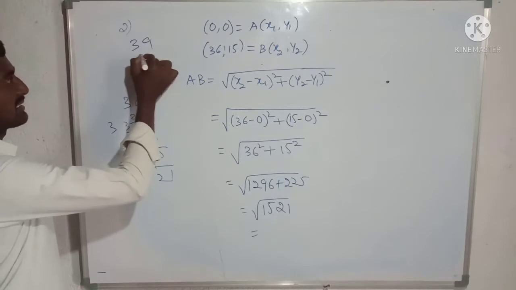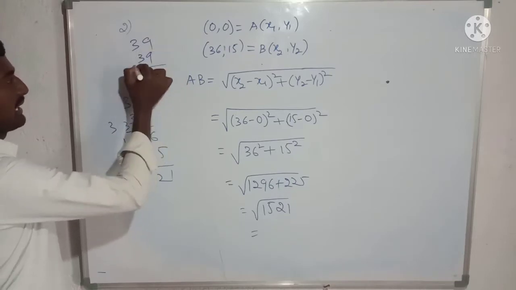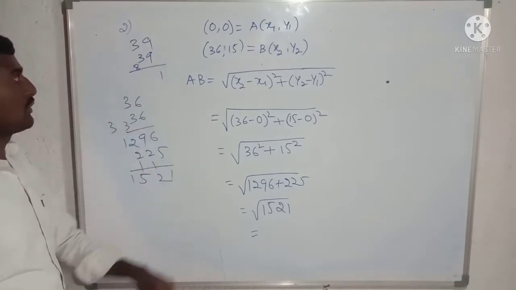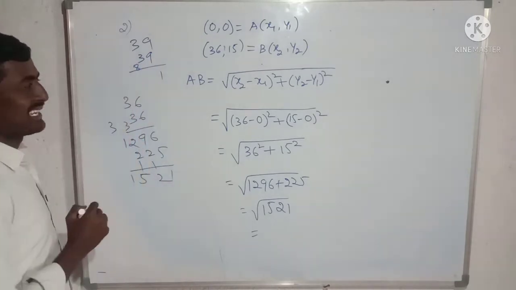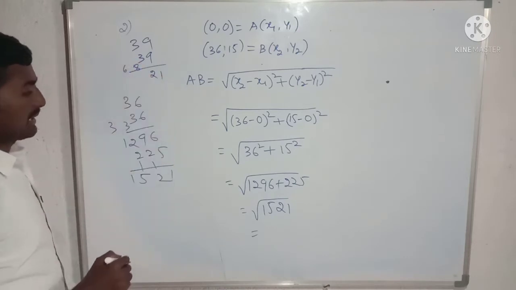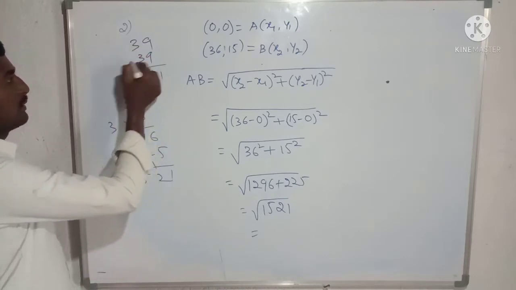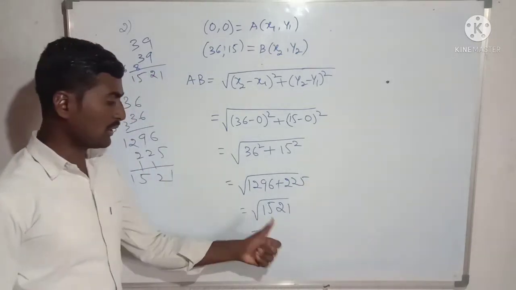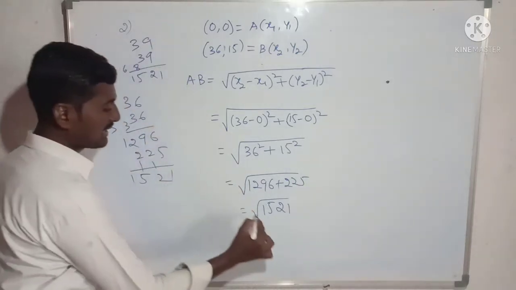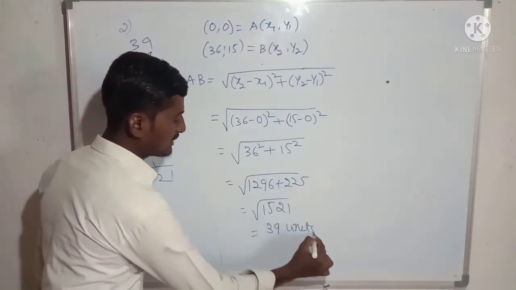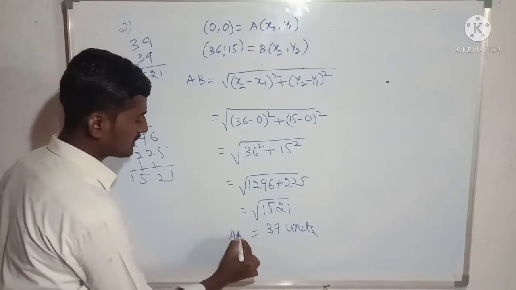Let us check it. 9 nines are 81. 9 threes are 27 plus 27, 54, 54 plus 8, 62, right? Then 3 threes are 9 plus 6, that is 1521, okay? So square root of 1521 is nothing but 39. So the distance between these 2 points is 39 units, okay?